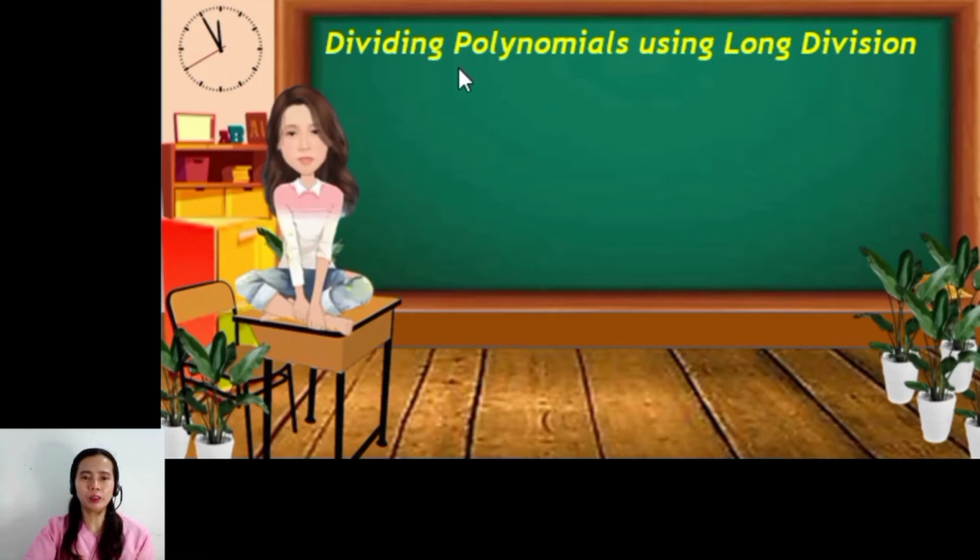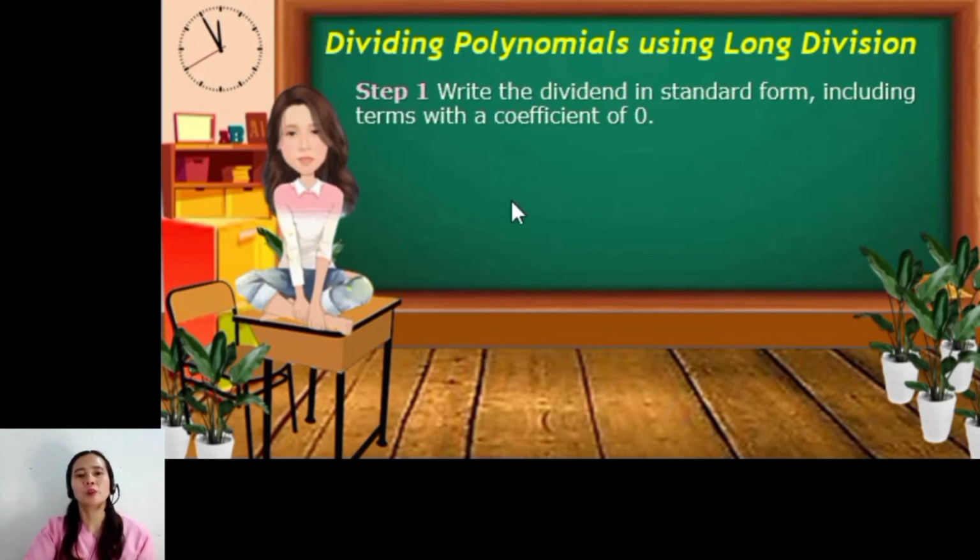What if we need to divide polynomials by another polynomial? So using long division, these are the steps. First step, write the dividend in standard form including the terms with coefficient of 0.